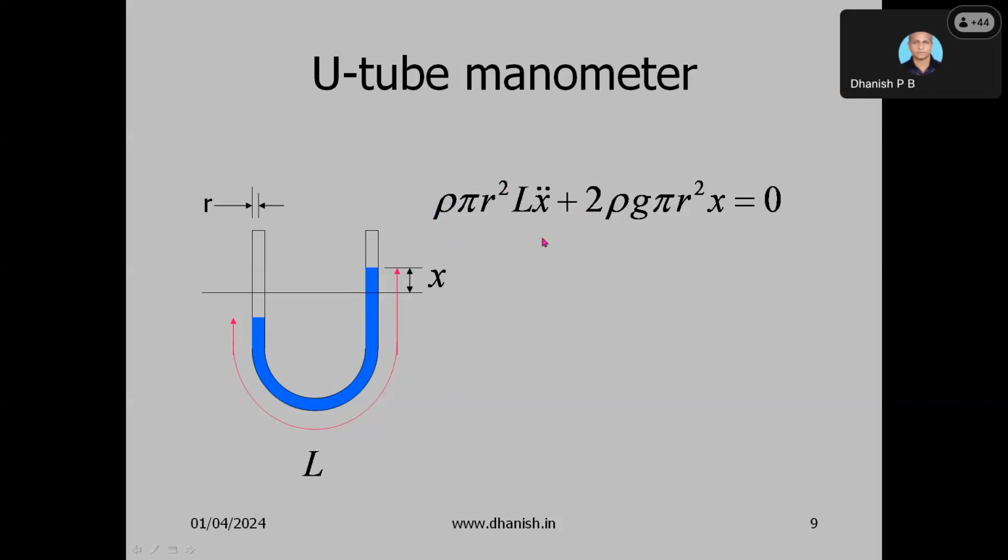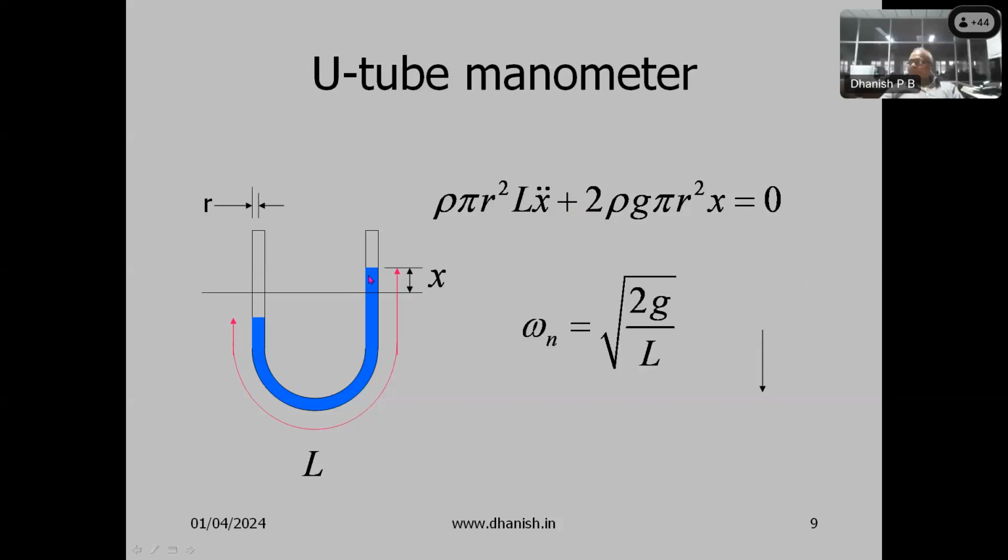Now we have to convert this into standard form and find the natural frequency and damping ratio. So the damping ratio is not there. We cannot find the damping ratio from this equation. So the natural frequency is root of a naught by a2.